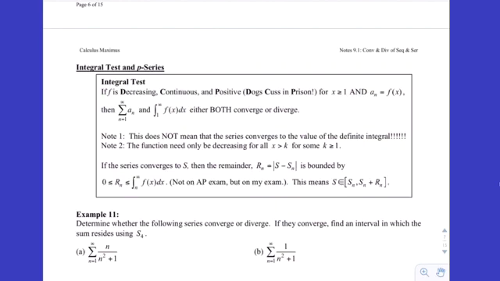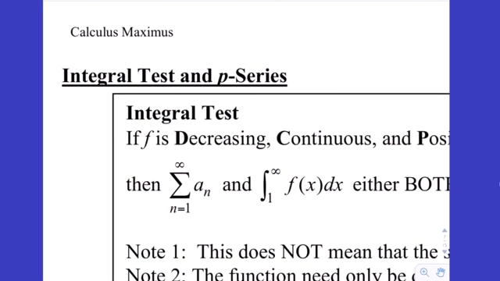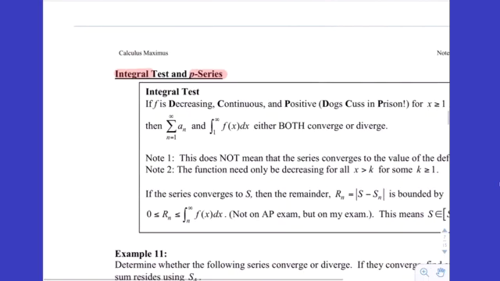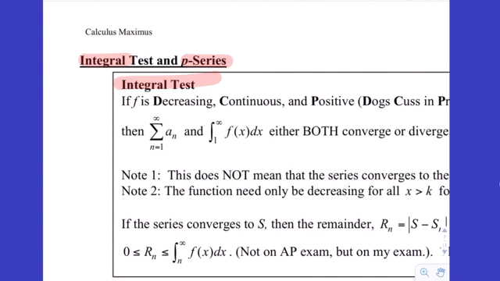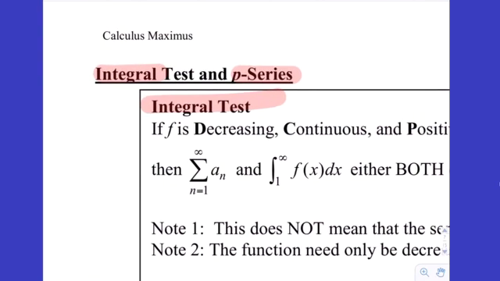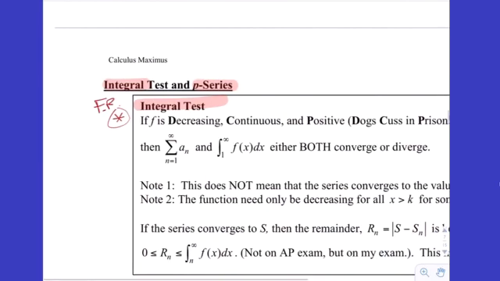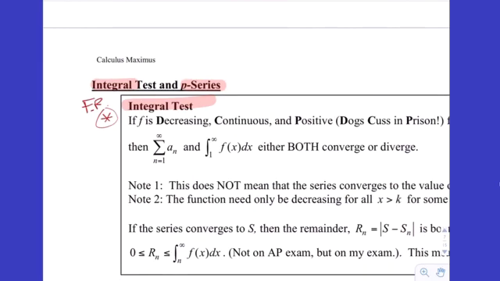Okay, the integral test and the P-series test. Two more tests. All right, the integral test. The integral test is the one that typically shows up on a free response, if it's going to show up at all. There are some qualifying things for the integral test.